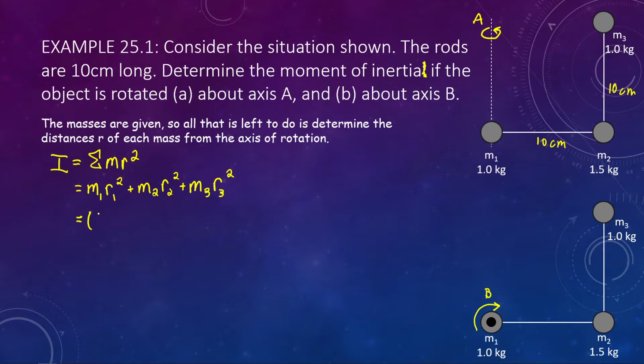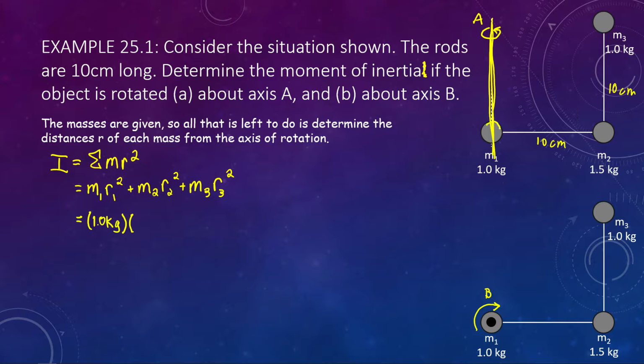Mass 1 is given in the picture as 1 kilogram. The distance r1, let's take a look at the picture. Remember our definition. The distance r is the distance of your mass from the axis of rotation. So basically you have to ask yourself, how far away is my mass from the axis? Well, this vertical dashed line is the axis.